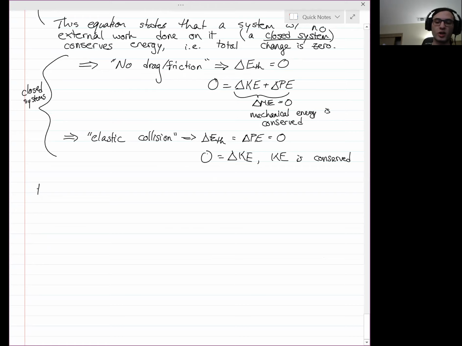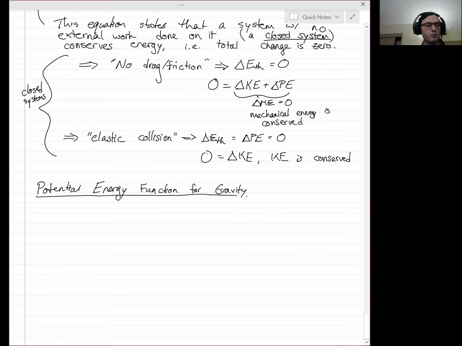Right, so I promised that I would get more explicit when talking about potential energy. So let's do that. Let's talk about the potential energy function, because so far we haven't actually done any calculations for gravity. In general, it's easier to handle numbers than it is to handle forces and integrals.